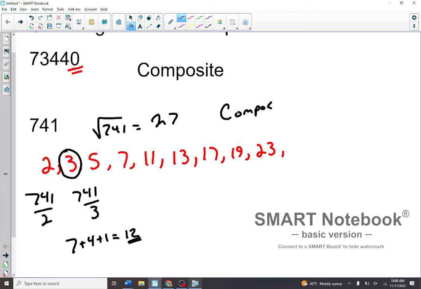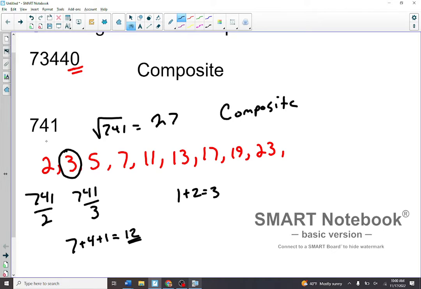Because 7 plus 4 plus 1 equals 12, and 1 plus 2 equals 3, 12 is divisible by 3, which means 741 is also divisible by 3.